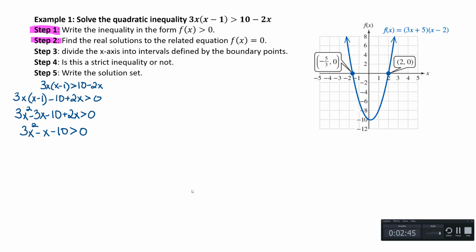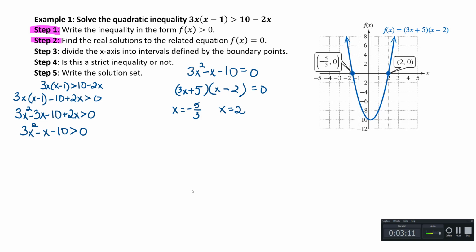Now we're going to find the real zeros of the related equation f of x equals 0. So we've got 3x squared minus x minus 10 is equal to 0, and we just need to factor that. We'll have 3x plus 5 times x minus 2, which means that the solutions are x equals negative 5/3 and x equals 2.